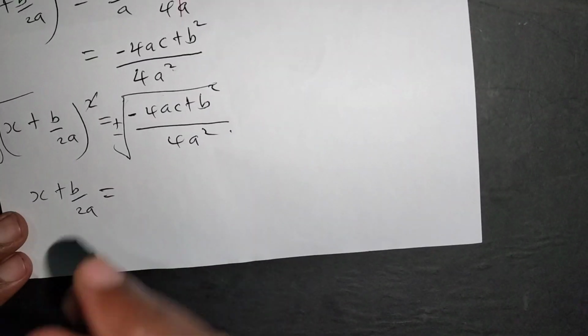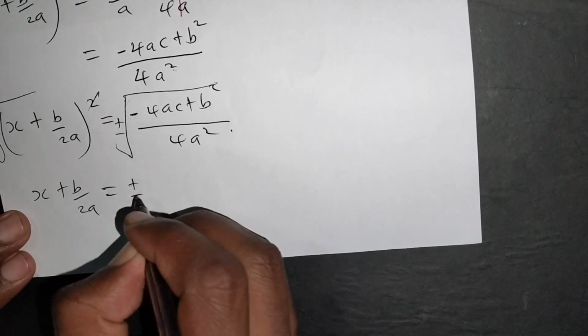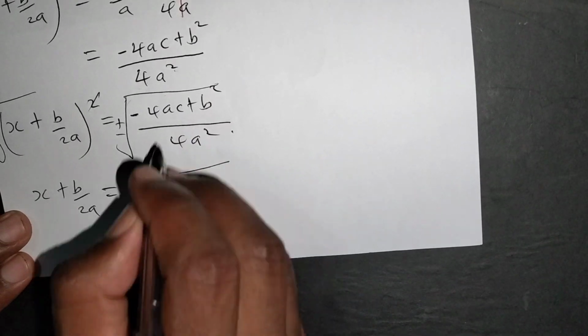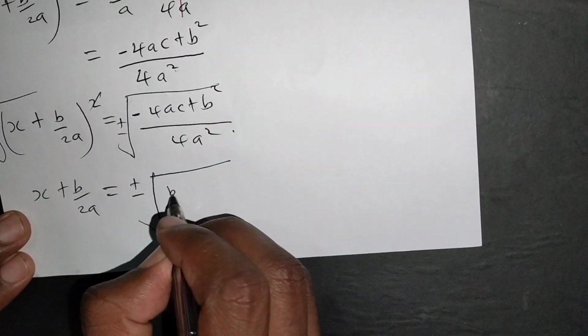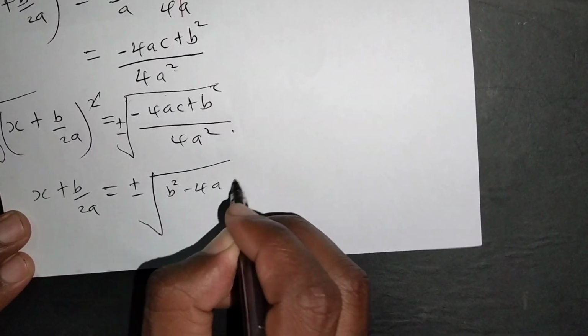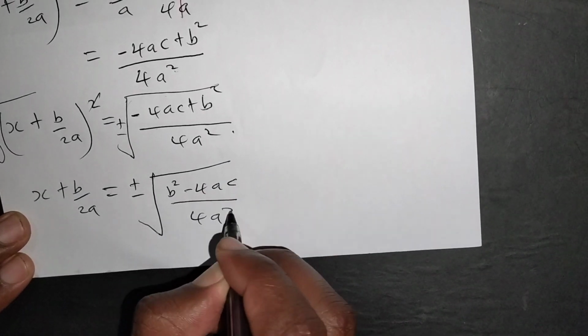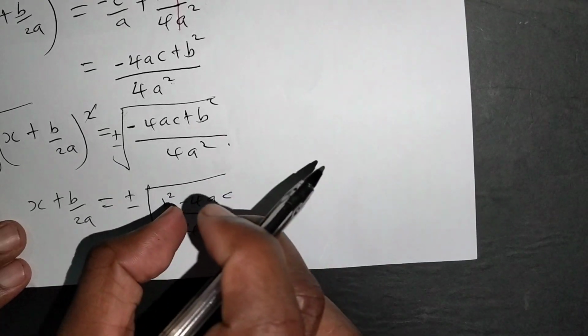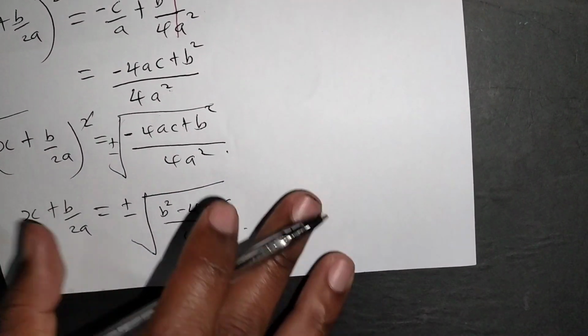on this other side, plus or minus square root of, I'm going to start with b squared because it is the positive one. So this is the same as saying b squared minus 4ac divided by 4a squared. Remember, this square root simply means that we can square root the numerator and the denominator independently.